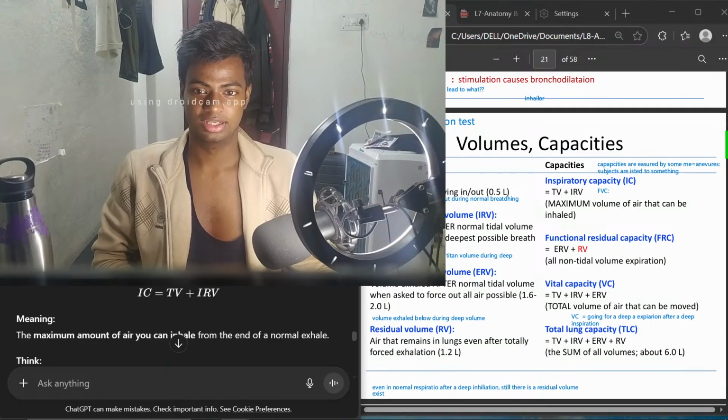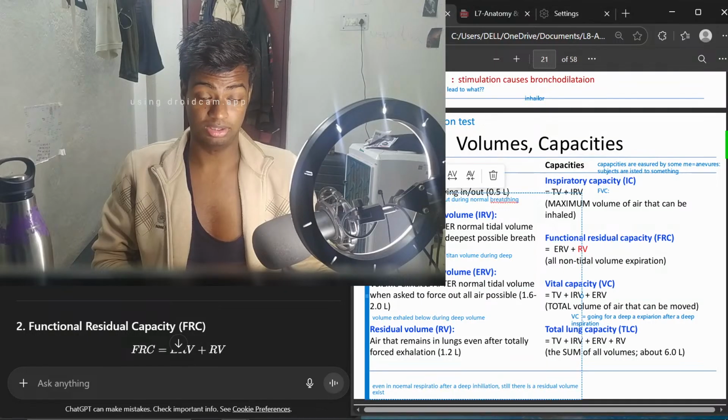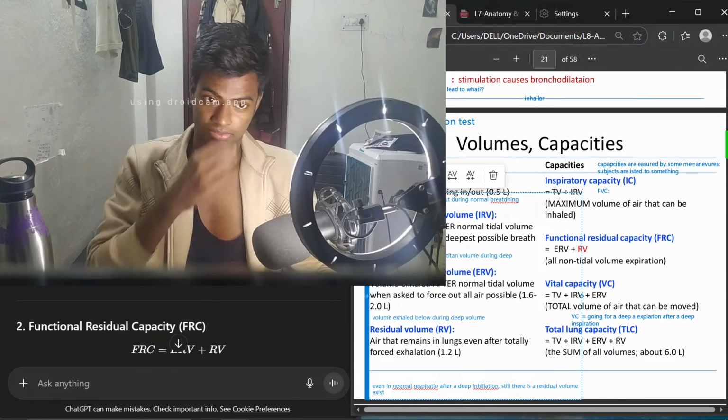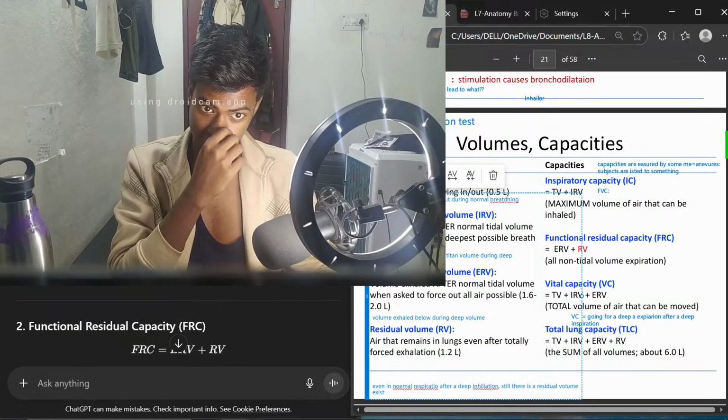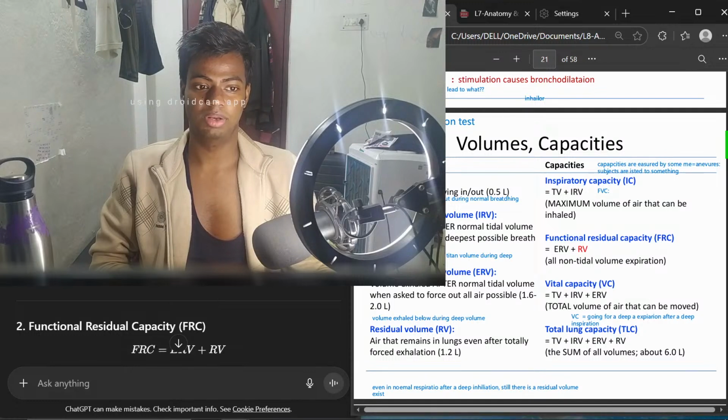Yes, residual volume. Then inspiratory capacity is the maximum air you can inhale from the end of a normal exhale. So this is the terminology. Tidal volume is 0.5. Inspiratory reserve volume is 2.1 to 3.2 in young adults. ERV is 2 liters, residual is 1.2. So total how much?